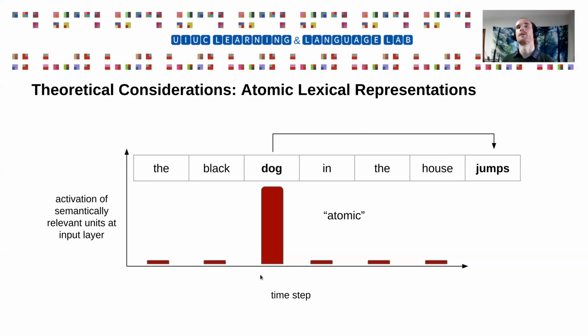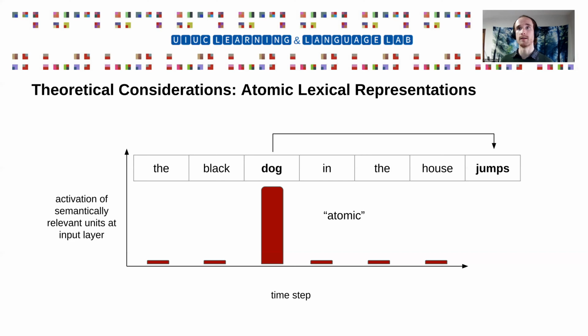So units that are involved in predicting things like jumps or other animate verbs only at the step at which dog occurs and not at any of the subsequent or preceding steps, right? So you don't want to rely on context to activate the distributional semantic properties of dog, because those should be activated only when you see dog, that is, only through the representation of dog.